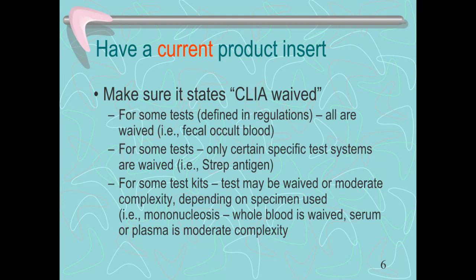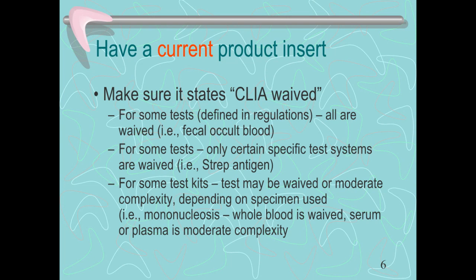You're going to buy a bulk package of fecal occult stool tests. You want to make sure every time you get a new box that you look through the product insert to make sure nothing has changed from the last time.